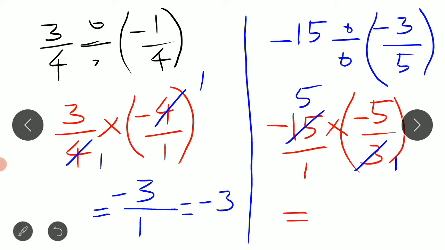Let's multiply the remaining numbers: here the numerator 5, here minus 5, and the denominator became 1 here also. 1 ones are 1, so we cannot simplify further. Multiply the numerators: 5 into minus 5. Minus into minus is plus, 5 fives are 25 by 1. It becomes 25 only. So the answer is 25.